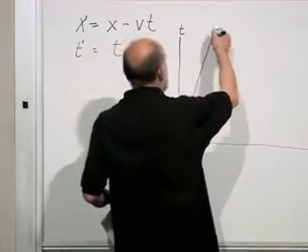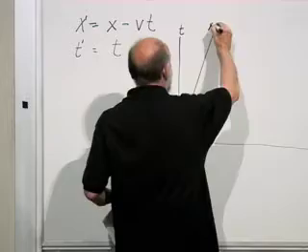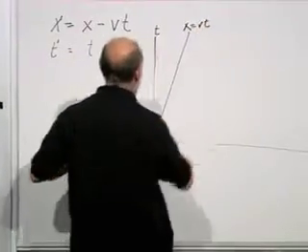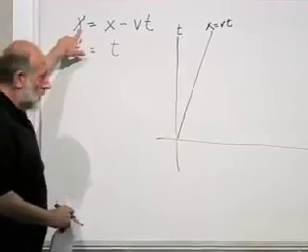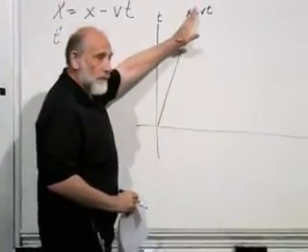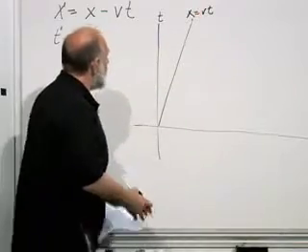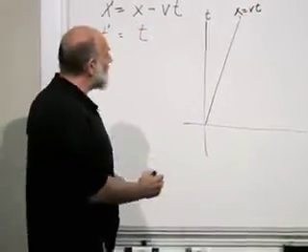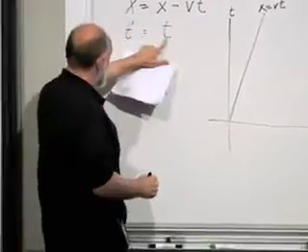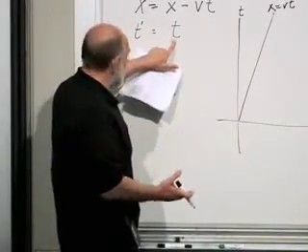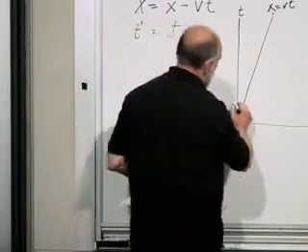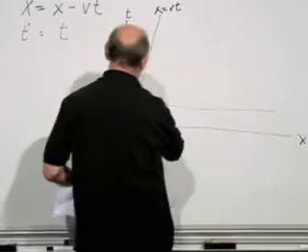That line would be given by x equals vt, which is the same as x prime equals 0. So that's so much for how the moving frame moves. But then if I were to plot the lines of constant time as seen in the prime reference frame, they're exactly the same as the lines of constant time in the unprimed reference frame, and so they look like that.